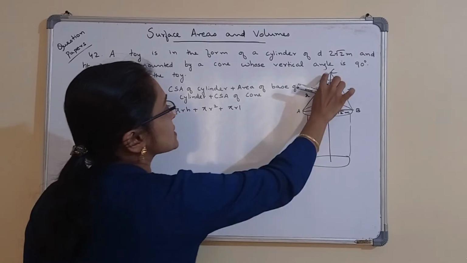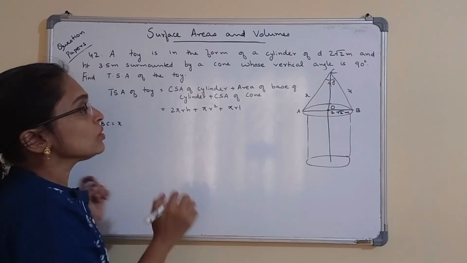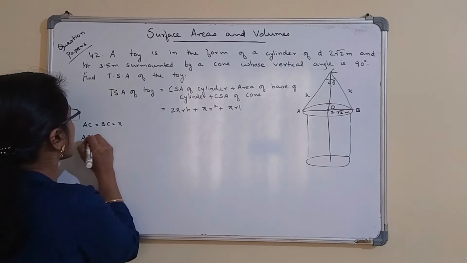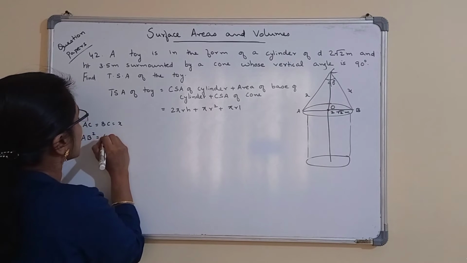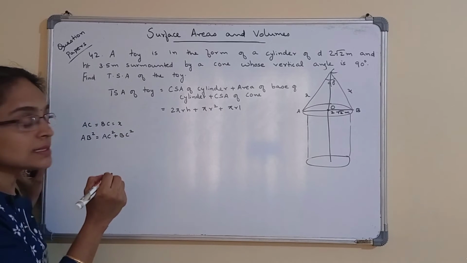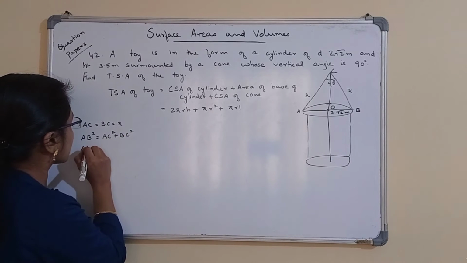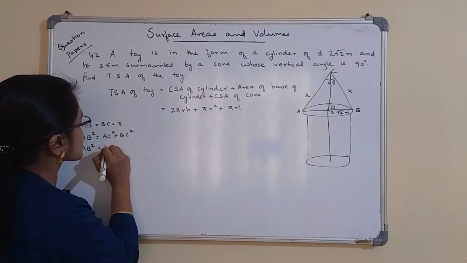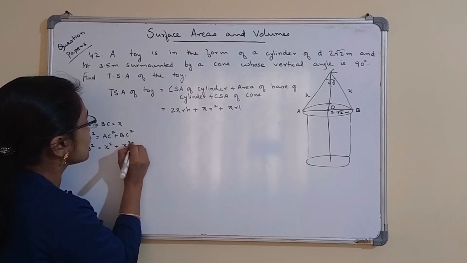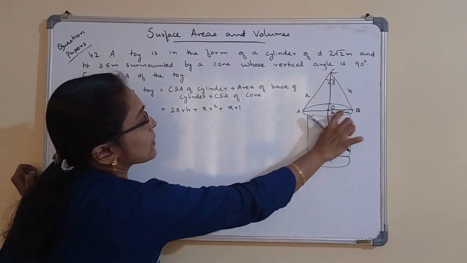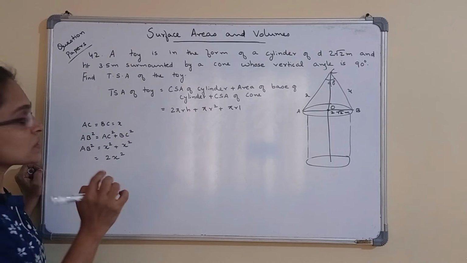And we know that this is a right triangle. So this AB is the hypotenuse. AB square is equal to AC square plus BC square. That is AB square is equal to x square plus x square, which is equal to 2x square. But this AB square is 2 root 2 square.